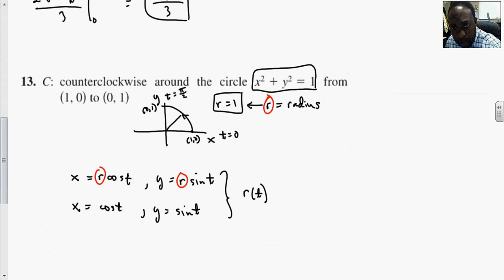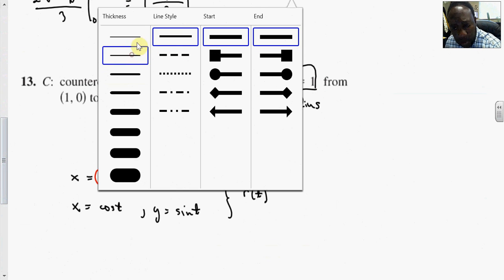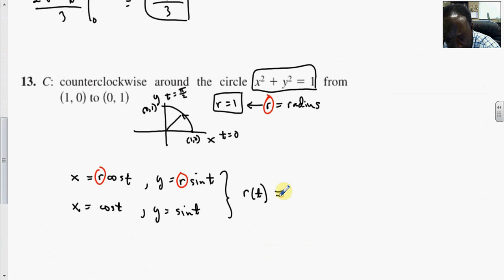This is not the path vector. R of t is. So here R of t is equal to cosine t i plus sine t j.